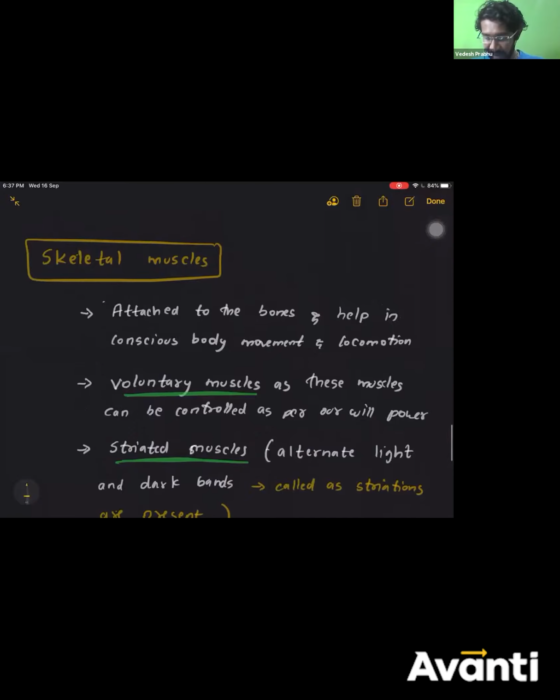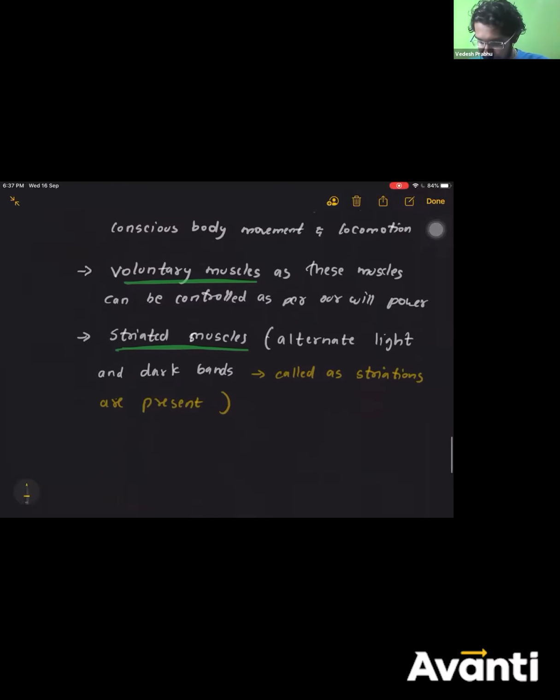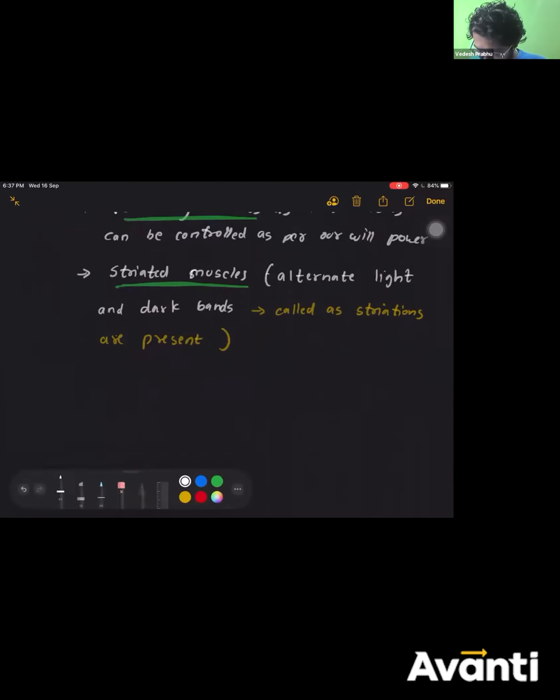How does this skeletal muscle look? What is the structure of these muscles? I will write here next regarding the structure. These cells are long cells, long fibers.